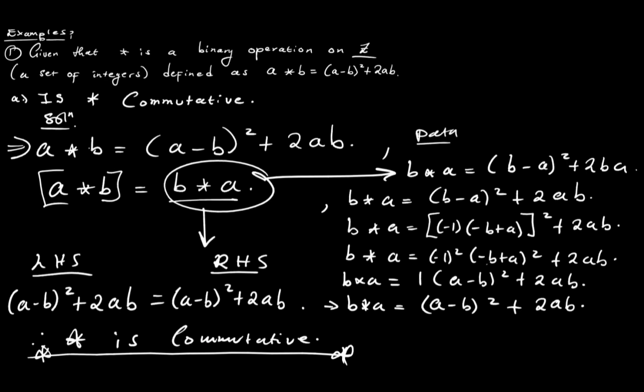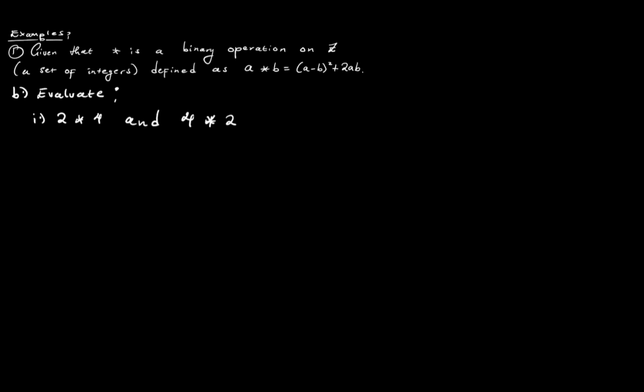Alright, so let us try to solve another question. In the same question, let's say we're being told to evaluate 2 star 4 and 4 star 2. Alright, let's try and do this. We have an operation that we are following, which is A star B being equal to (A minus B) squared plus 2AB. Now, let us find 2 star 4.